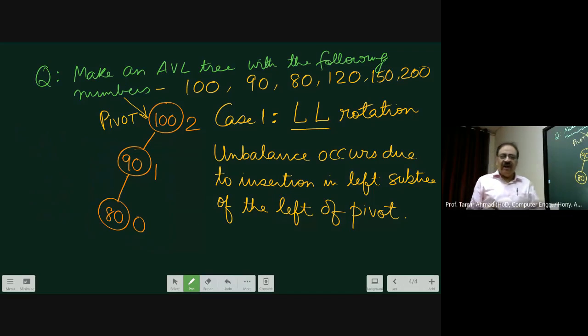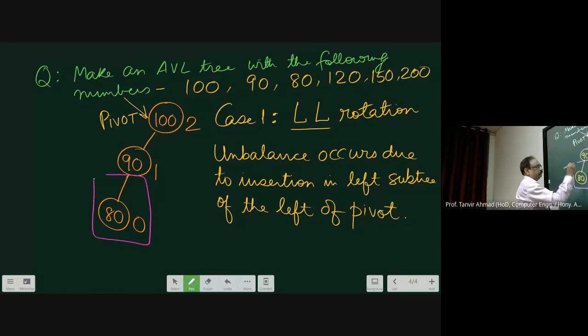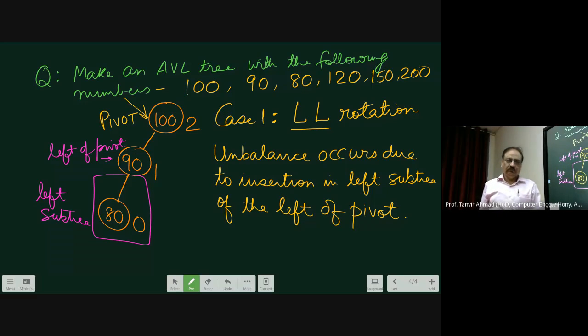Unbalance occurs due to insertion in the left subtree of the left pivot. This is the left subtree, and this is the left pivot. If I have inserted 95, it would have been a right subtree. That means you cannot implement an LL rotation over there.